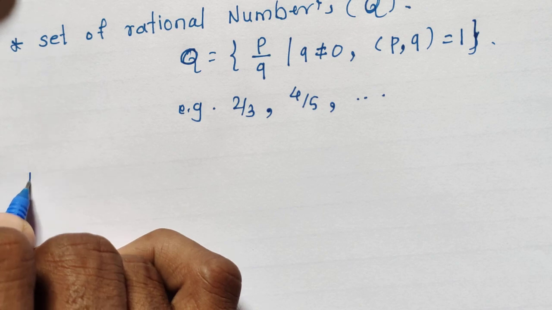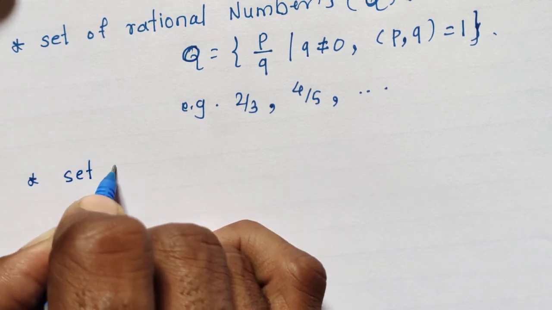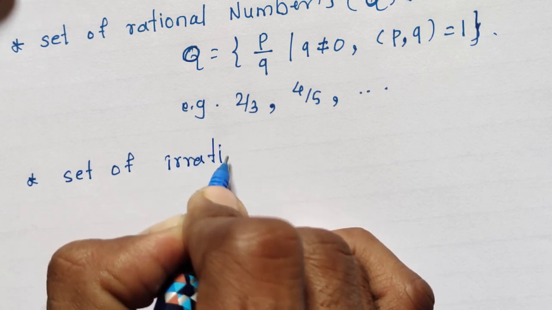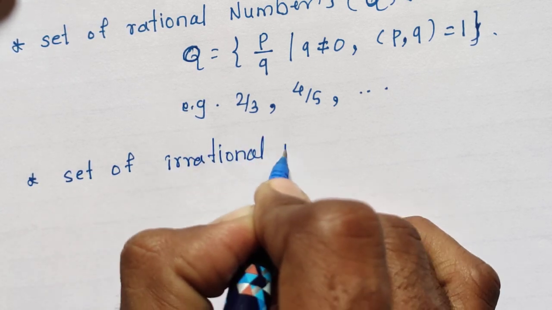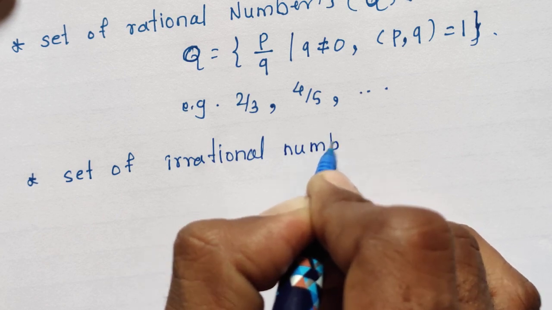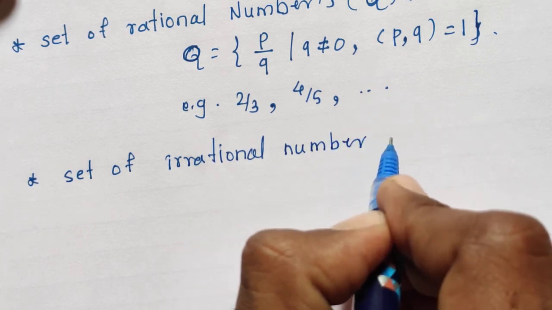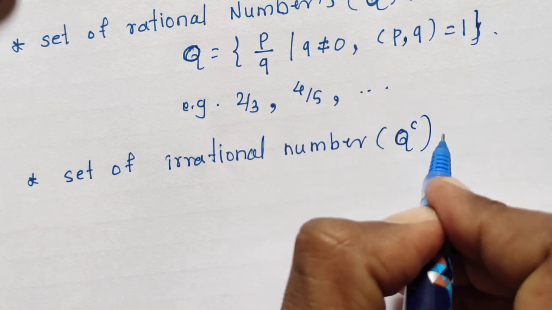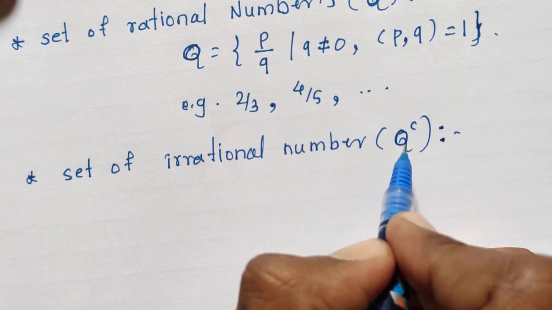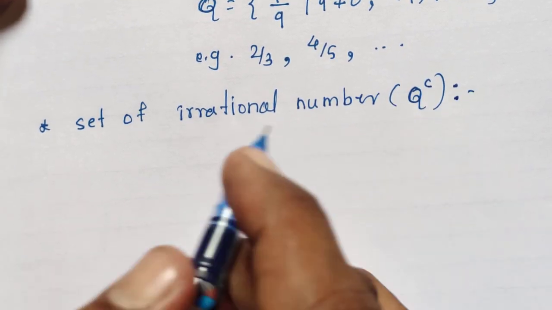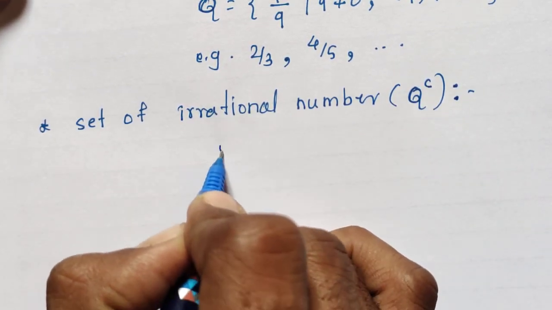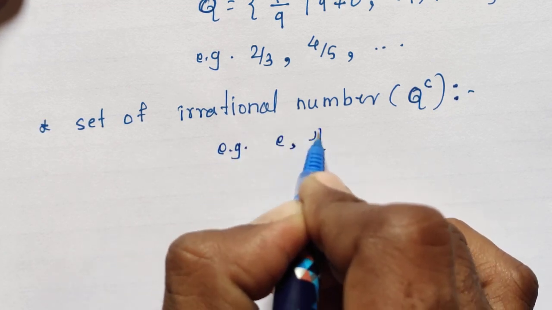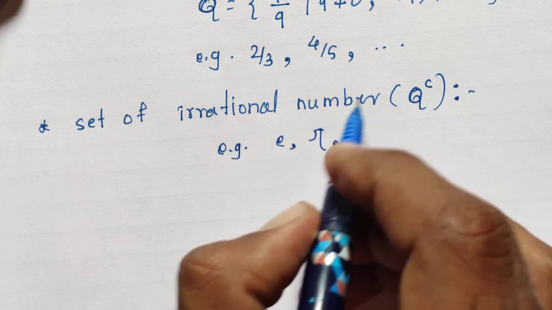And now similarly the set of irrational numbers. The set of irrational numbers is the complement of the rational numbers, that is, the numbers which are not rational are said to be irrational numbers, and examples of irrational numbers are e and pi.